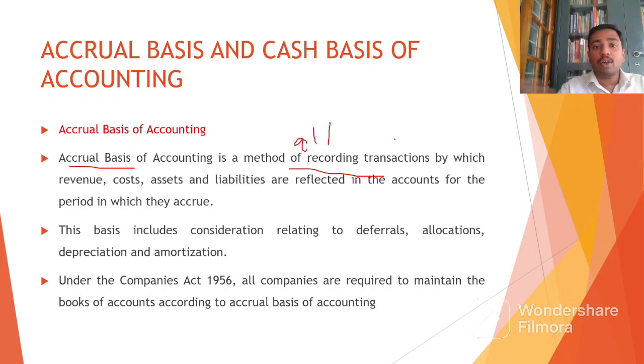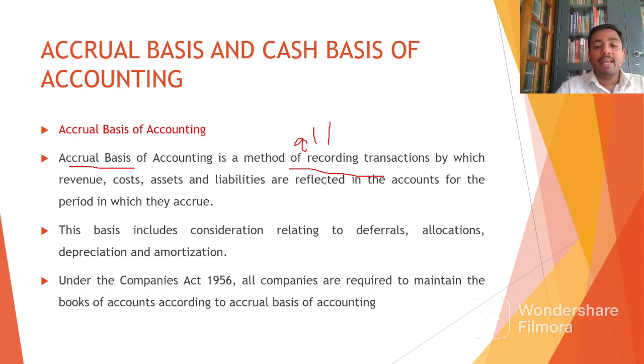So we are not at all considering whether the money is being received or not. We have already discussed what a transaction is. It is an event which is measured in monetary terms. So for all transactions, whether the money is received or not is not at all considered. Such type of recording is known as the accrual basis of recording.